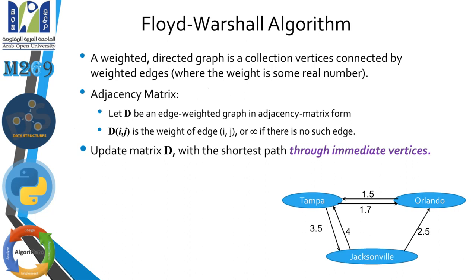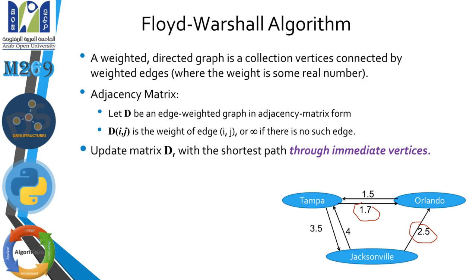So this is a weighted directed graph, where we have three different vertices: Tampa, Orlando, and Jacksonville. These are the three nodes in the graph, and we have a weight represented over the edges, as you can see here. Now, every time we should draw the adjacency matrix to represent the graph at the current state.